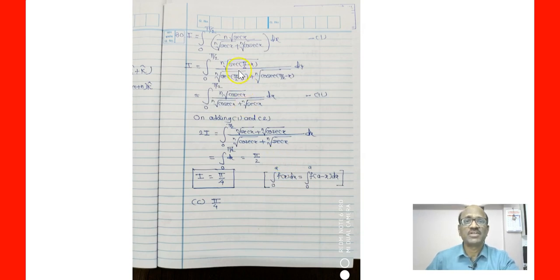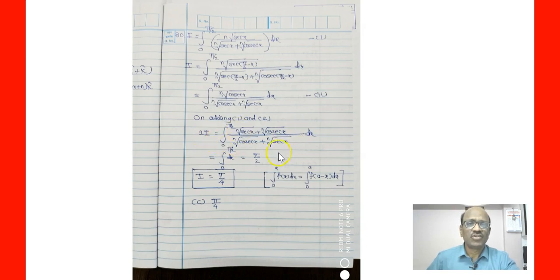By using this property, that is nth root of sec of pi by 2 minus x upon nth root of sec of pi by 2 minus x plus nth root of cosec of pi by 2 minus x. Now what is sec of pi by 2 minus x? It is cosec x, and again it becomes cosec and sec. Now add I on both sides, adding these two equations, you will get 2I equal to integral 0 to pi by 2.